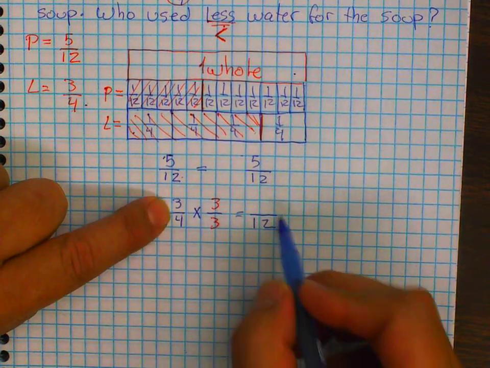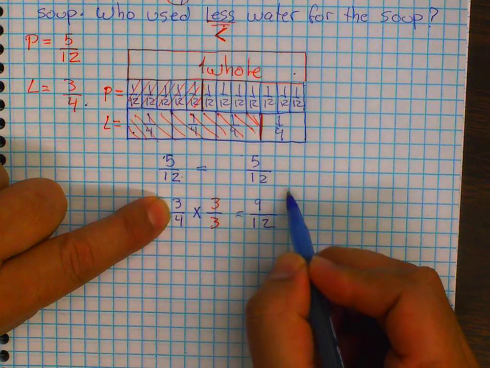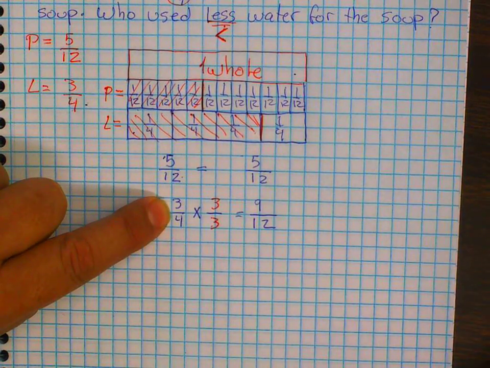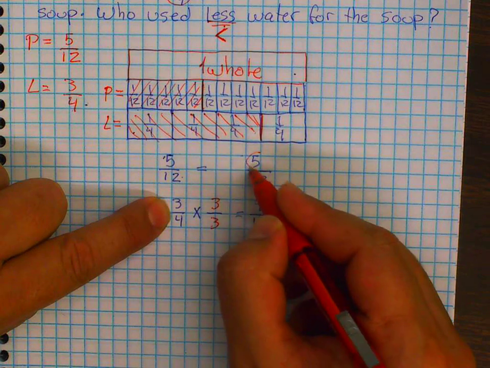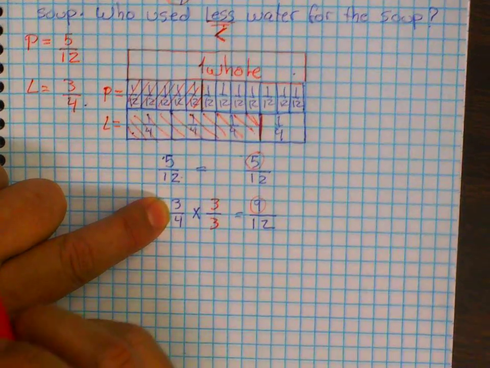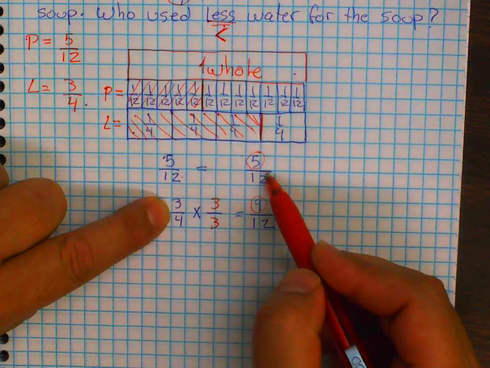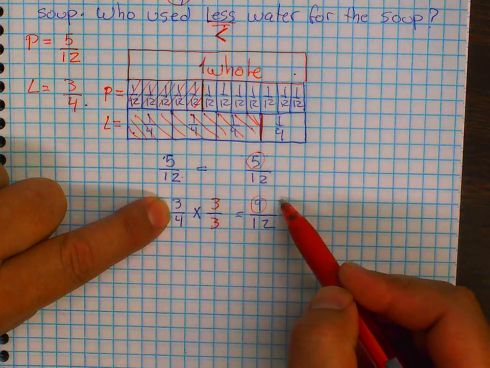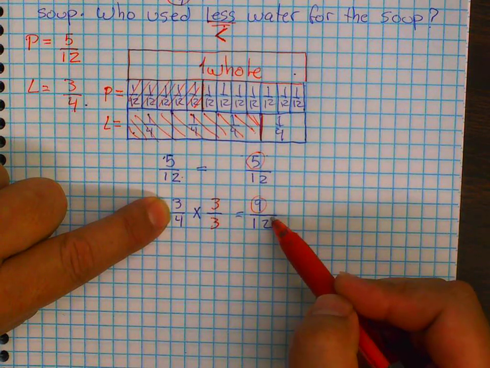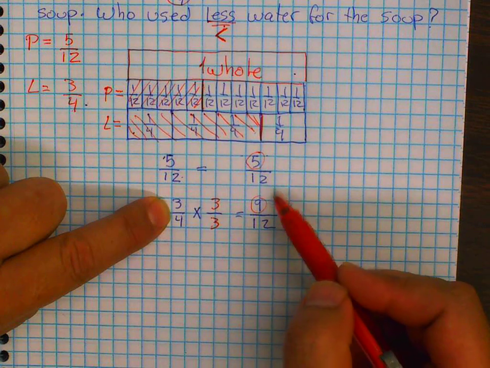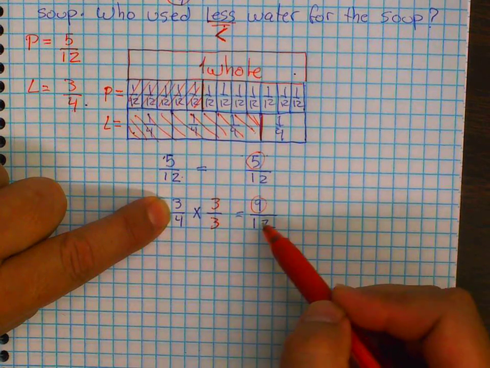Now that both denominators are the same, I can compare just by looking at my numerators. 5 and 9. Is 5/12 greater or less than 9/12? Less. Since the denominator is the same, I just look at the numerators.